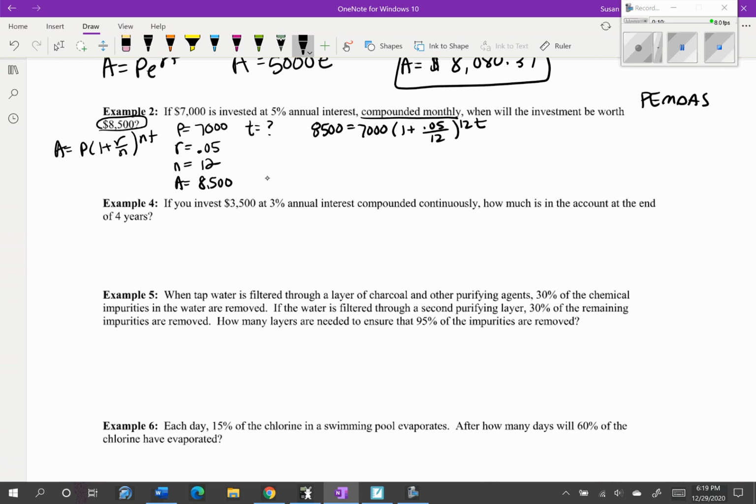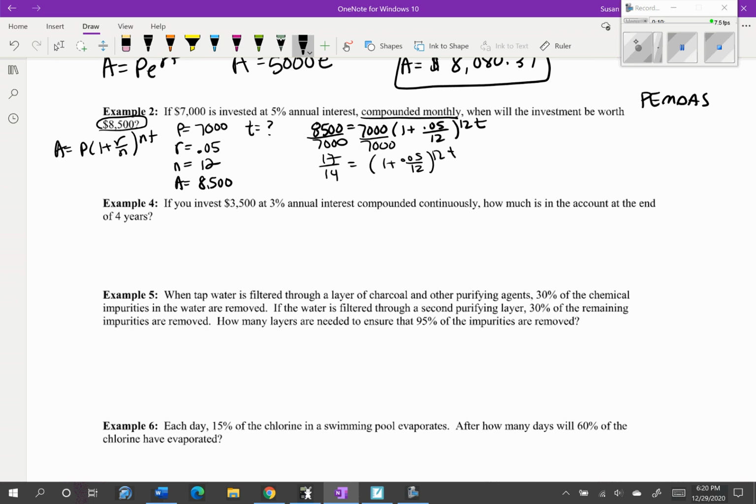We don't have anything added or subtracted on the outside, but we do have that 7,000 being multiplied, so we want to divide that out. For this, we're going to leave it in fraction form. So if you reduce, you get 17 over 14 is equal to 1 plus 0.05 divided by 12 to the 12t power.